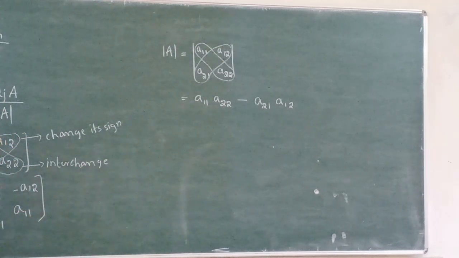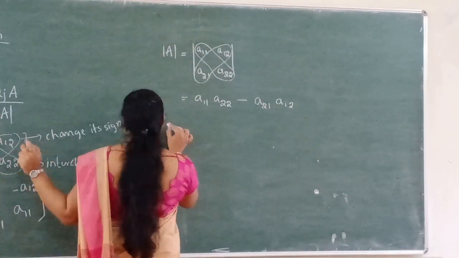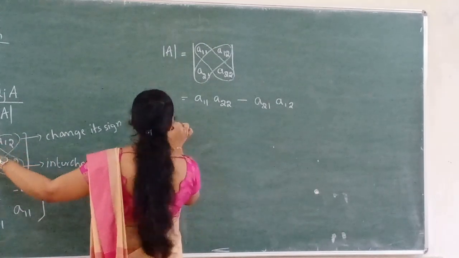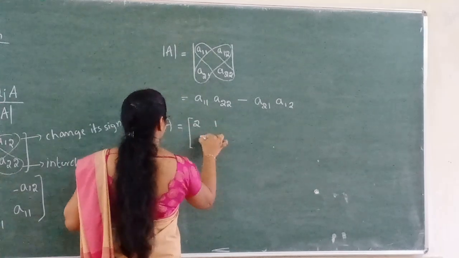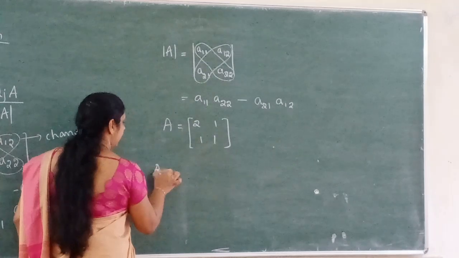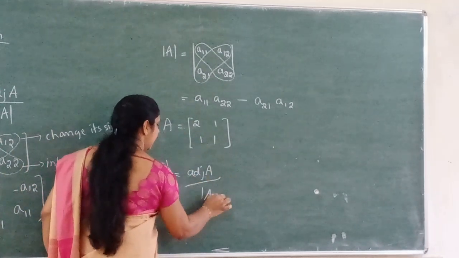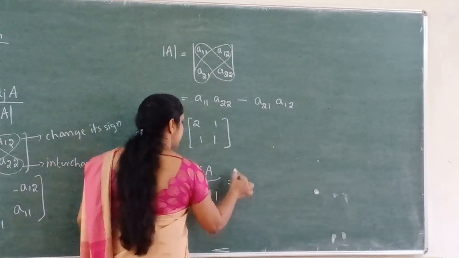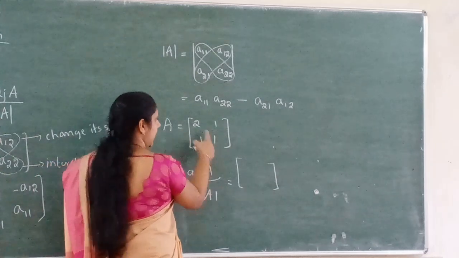When both adjoint A and determinant A are given, then A inverse is found by the formula adjoint A by determinant A. So now we will use the same for the earlier example, that is A is 2, 1, 1, 1. Now I will directly write the formula, that is A inverse equal to adjoint A by determinant A. Here adjoint A is a matrix obtained by interchanging the diagonal elements.